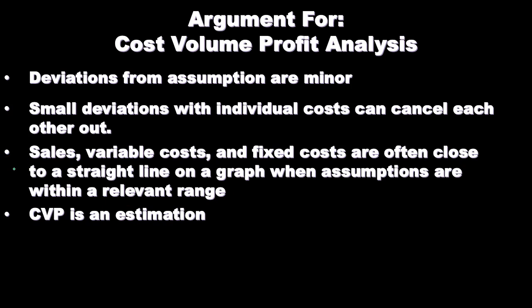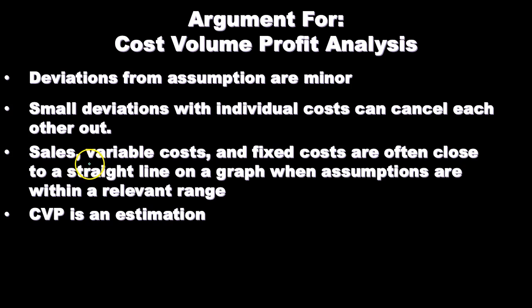So, in other words, if we're talking about the production of inventory within a relevant range of units, producing from this amount to this amount, then you would think the sales would be relatively constant within that relevant range. If we go past that range, you would see deviation and change.